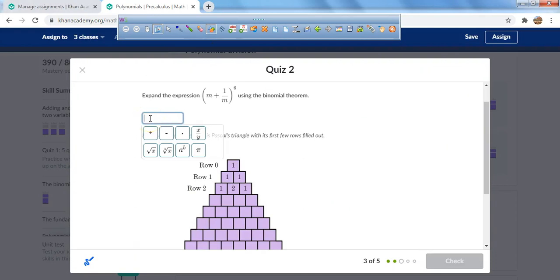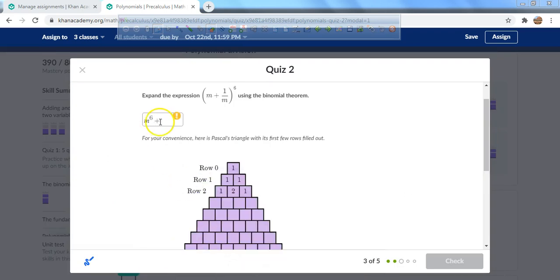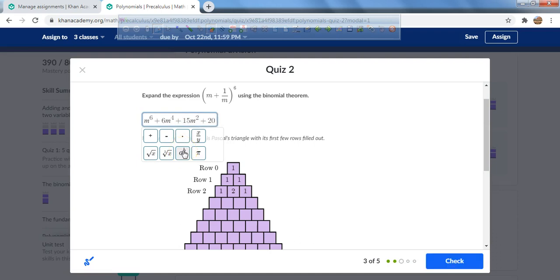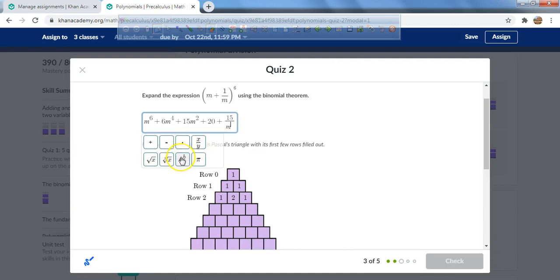Whew, here we go. m to the power of 6 plus 6m to the power of 4 plus 15m squared plus 20, because on that one all the m's canceled out, plus, and then we had 15, we had a fraction though, we had 15 over m squared.